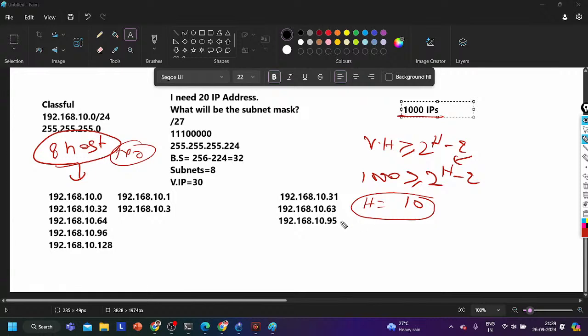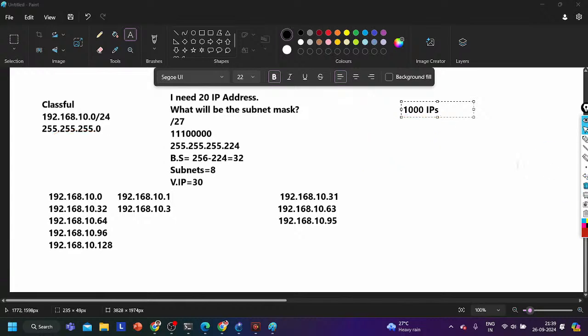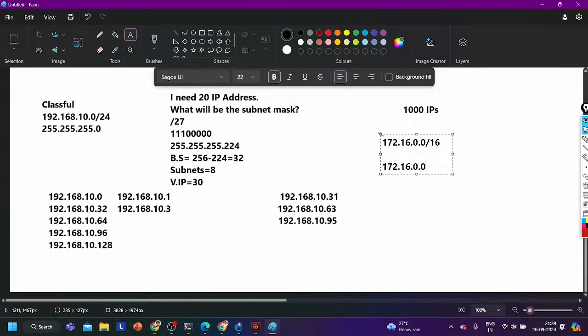I need to borrow 2 bits. So guys, let's say my main subnet is 172.16.0.0/16, right? And after the subnetting, 172.16.0.0/18.